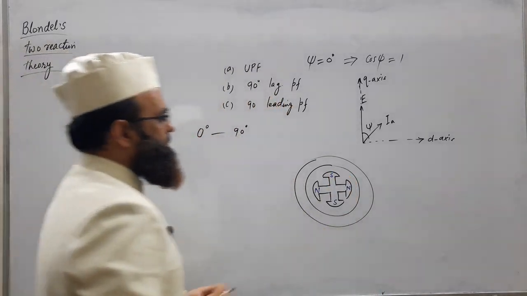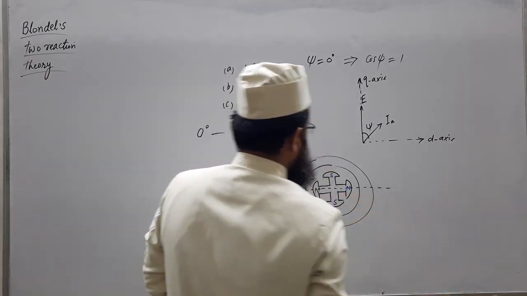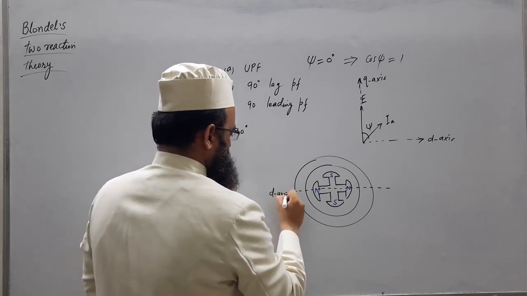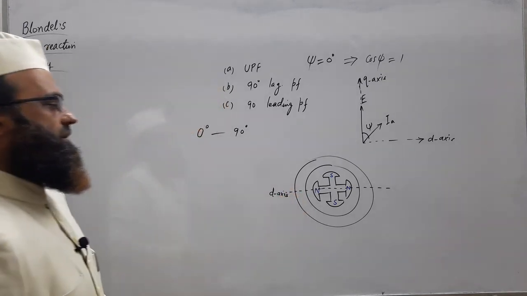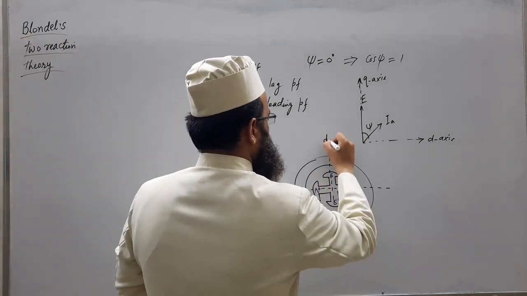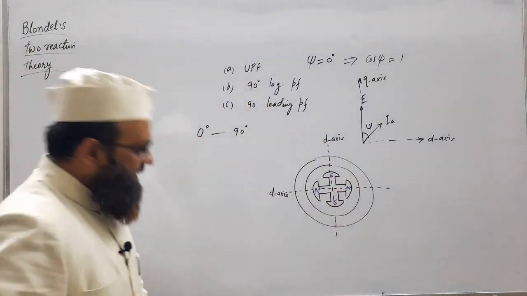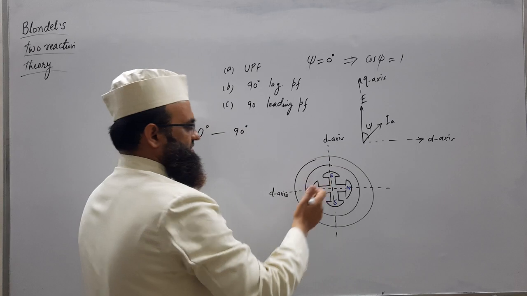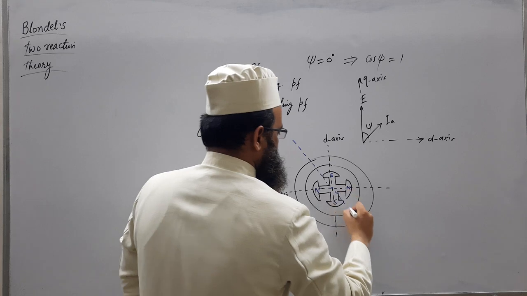The axis passing through the center of poles is known as the d-axis, direct axis. So this is also d-axis, this is also d-axis, as it passes through the center of poles, and the axis passing midway between two adjacent d-axes is known as the q-axis.